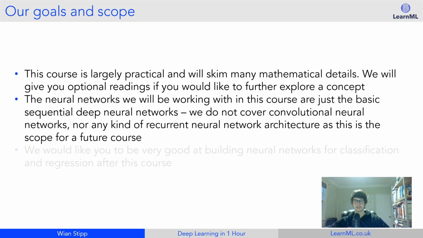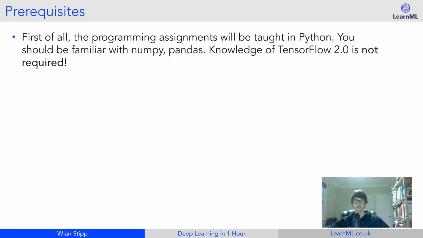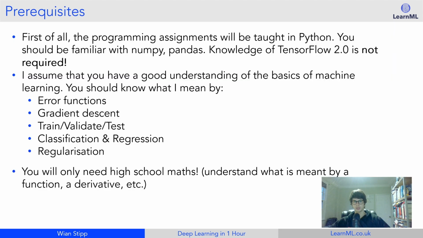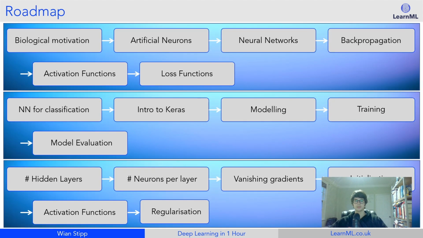And that's basically it. Just some high school maths is also fine. And also an interest in machine learning. So you should know some of the basic terms such as an error function, perhaps even gradient descent. You should know what I mean when I say classification or regression, and normalization, just some of these basic terms.